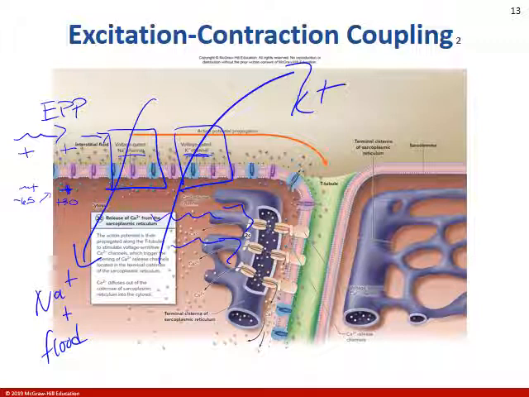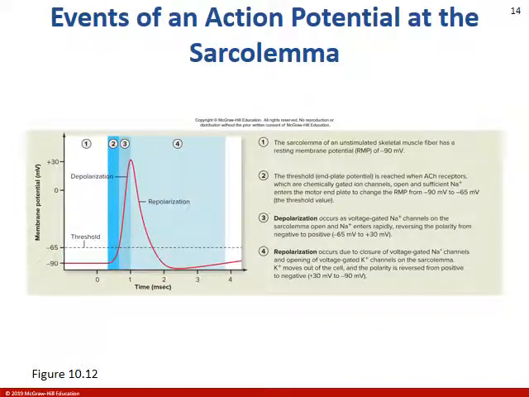When this potassium gate opens, what happens? We kick potassium out. Now we go back to our positive on the outside and negative on the inside. So these terms are depolarize and repolarize. Depolarization happens when you bring the sodiums inside. So let's do resting membrane potential. The outside of the muscle is positive, the inside is negative, right? Then what happens?